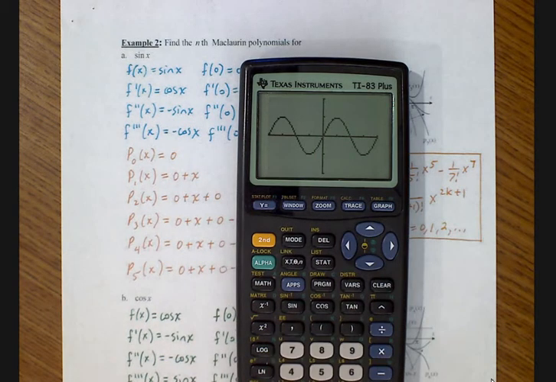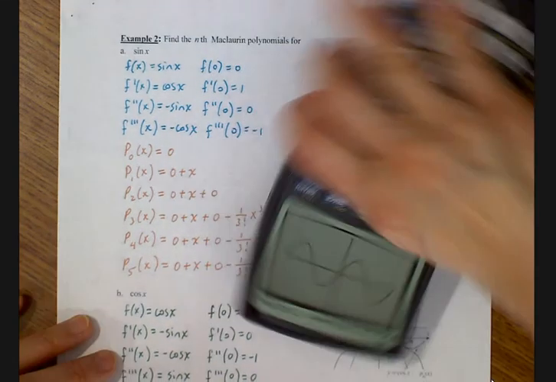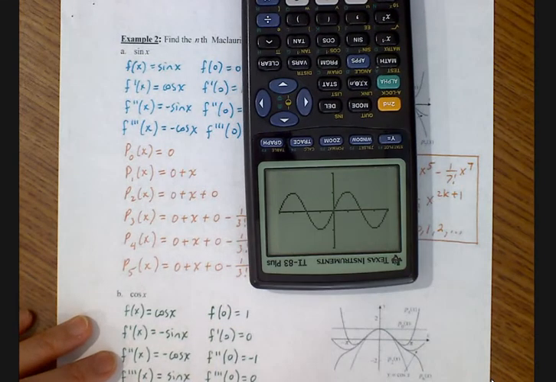The way that you can tell that something is an odd function is graphically it has rotational symmetry of 180 degrees. So if I take my calculator and turn it upside down, you get the exact same graph, right? That's what's meant by having an odd function.